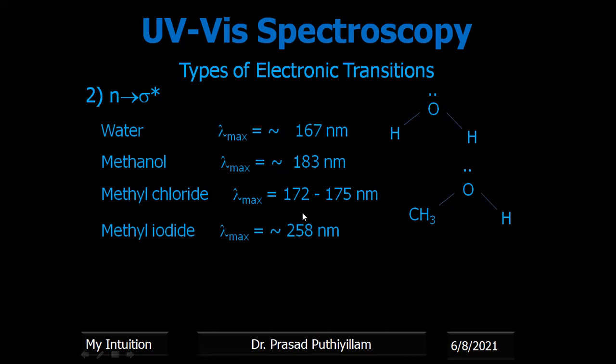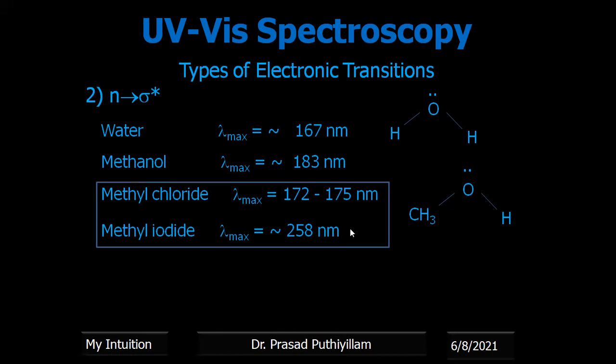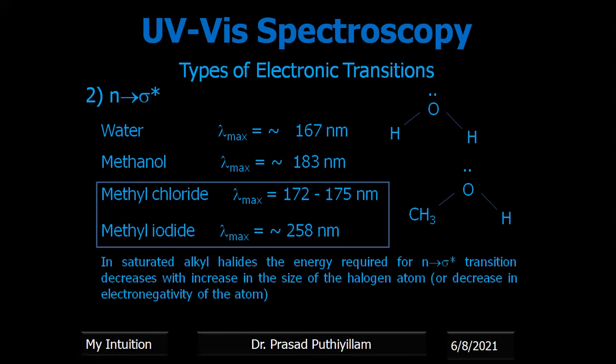Therefore, a drastic variation is seen here, due to effects like electronegativity. We know that the electronegativity and size of halogens vary. In alkyl halides, the energy required for the n to sigma star transition decreases with the increase in the size of the halogen atom. That means iodine is bigger in size, and its electronegativity is also lesser.